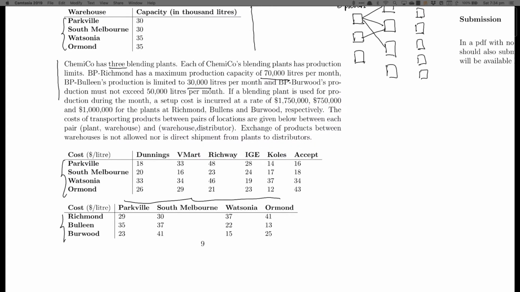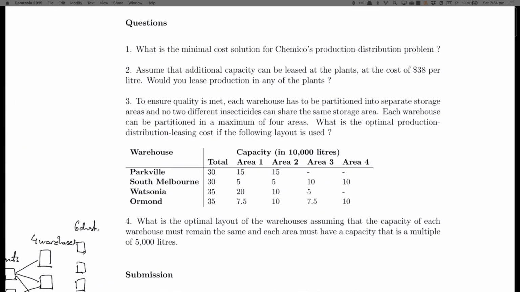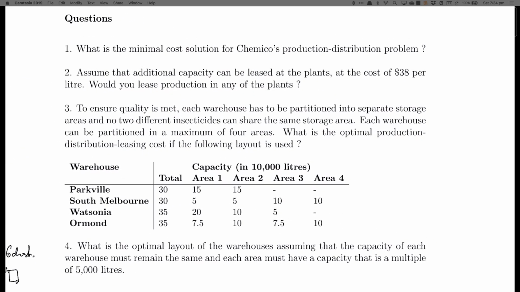So your goal is to find how much to produce in each of the plants, how much to send to each warehouse, and from each warehouse how much to send to the distributors. I want you, in question 1, to give me the minimal cost solution for this distribution production problem. And what I want as answer is that I want you to produce a model that will solve this problem, explain your model, and give me the solution.